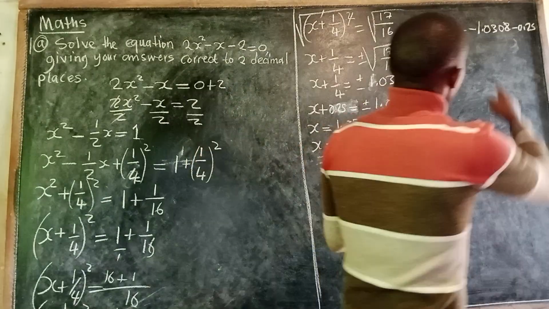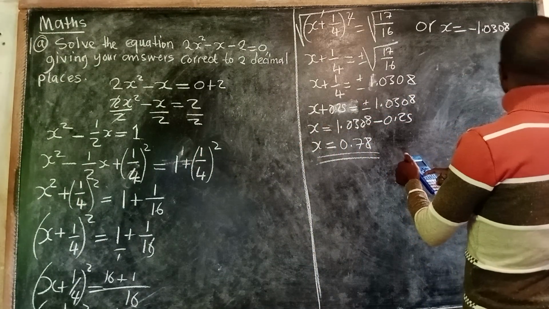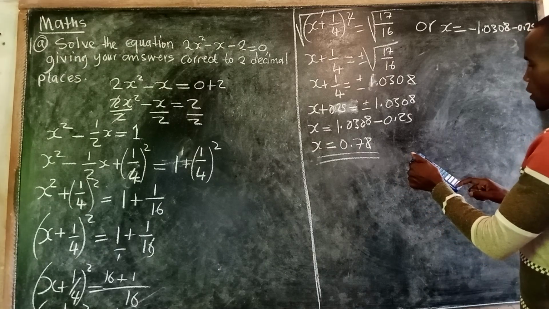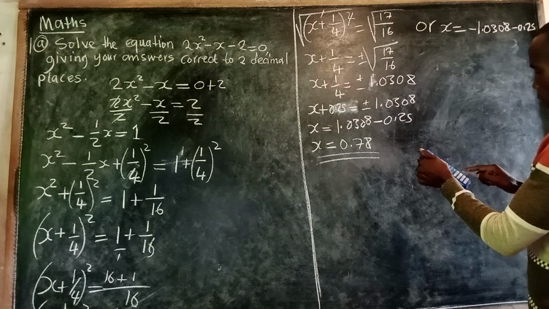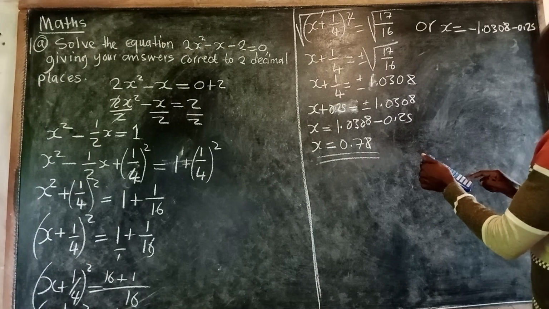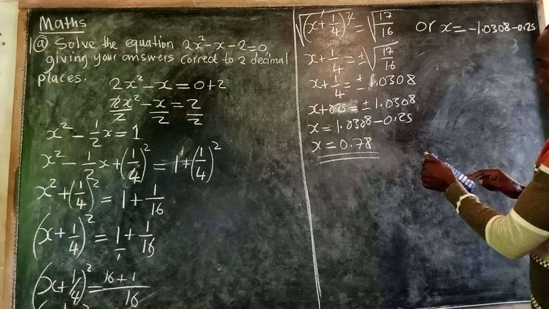Then the other one, we are going to evaluate this one. This time it is negative 1.0308, then minus 0.25.